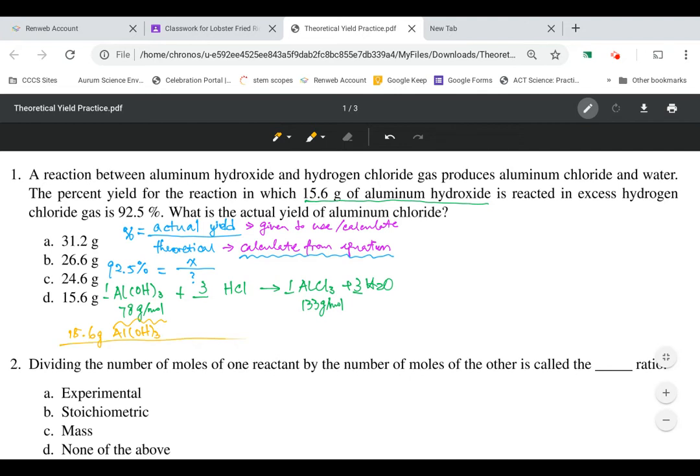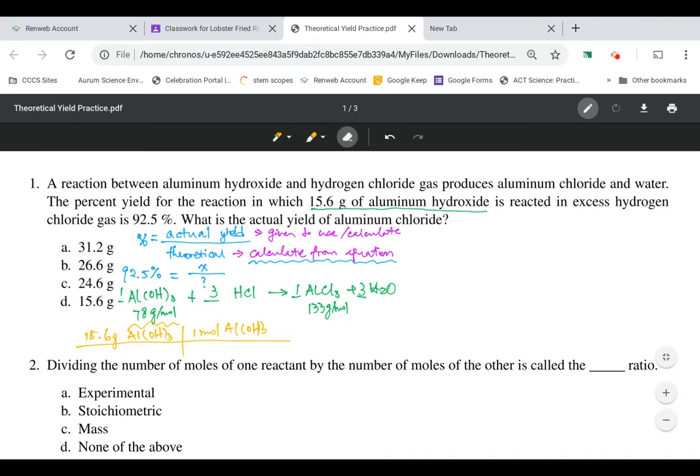So 1 mole AlOH3 is 78 grams. That way we convert gram to mole of aluminum hydroxide. However, we have to keep going because we're looking for the theoretical yield of aluminum chloride in grams.